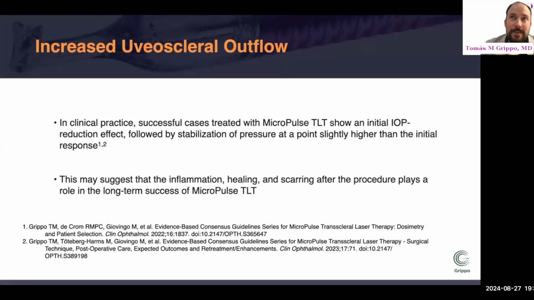And that may suggest that there are different mechanisms of action taking part in that response. And most likely the effect that we see beyond 6 weeks may be more related to inflammation and scarring and remodeling at the level of the outflow systems.